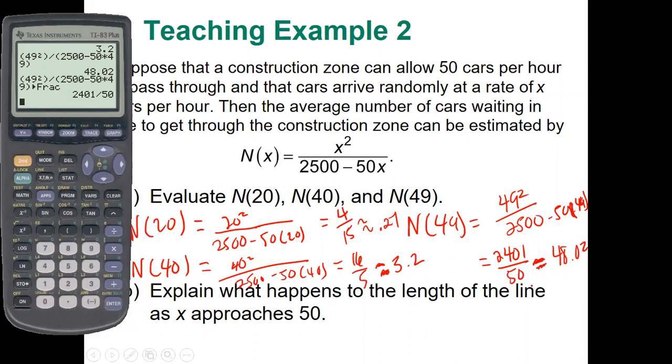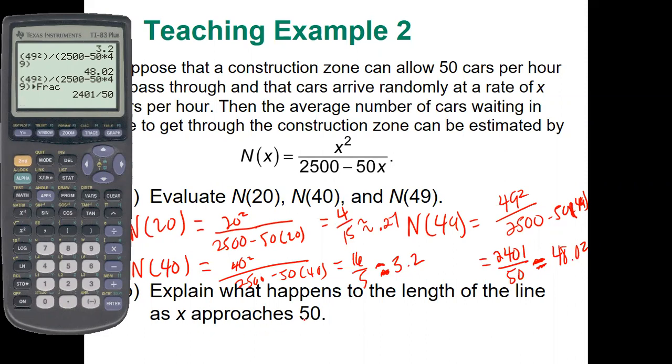So looking at the values, what happened to these numbers as they increase? I went from 20 to 40 to 49. What did their output values do? Anyone? They got bigger, they increased, right?